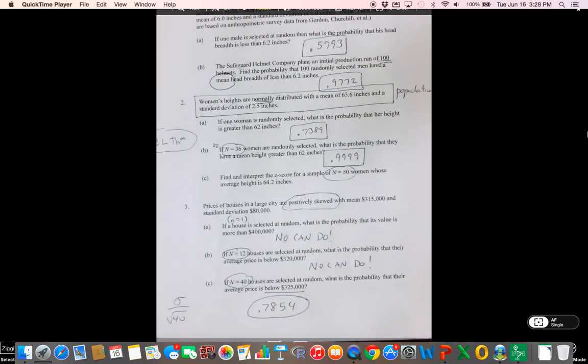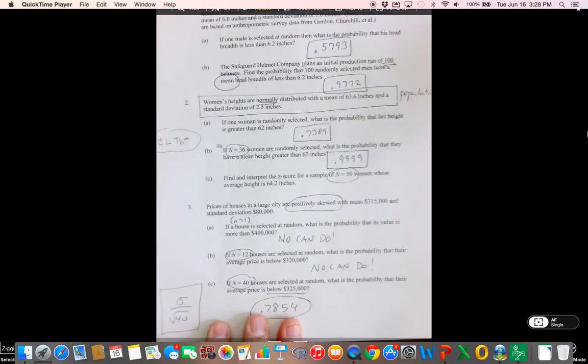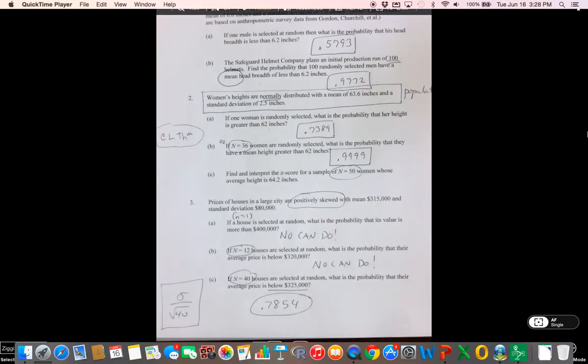That's the one place where students get sloppy and A's turn into B's and B's turn into C's and C's turn into D's and so on and so forth, just because of this one simple thing. They don't divide by the square root of the sample size when they've got a sample mean problem.